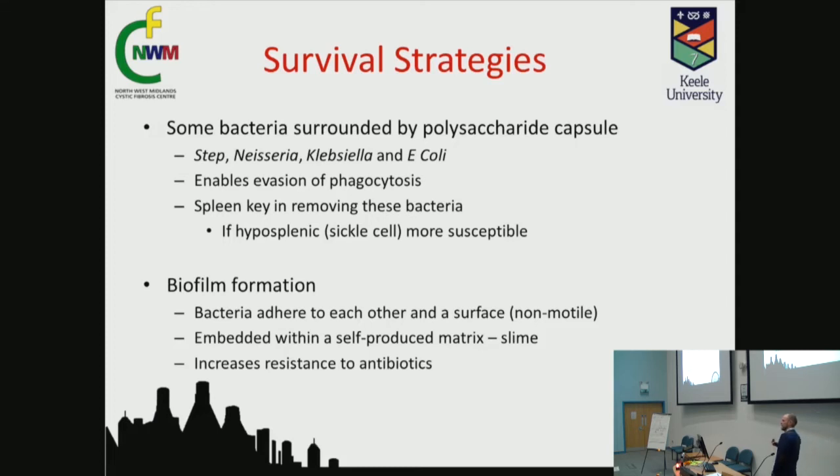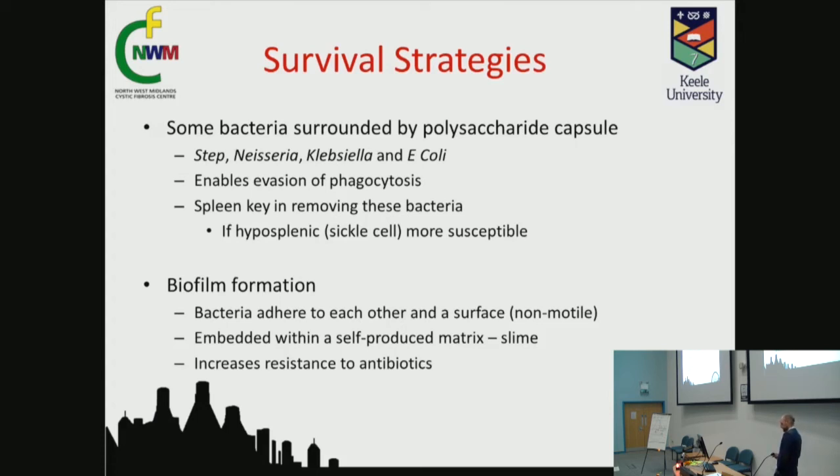Encapsulated bacteria are able to evade phagocytosis by standard cells, and actually we rely on the spleen to remove the majority of those bacteria. Because of that, if your spleen doesn't function properly, i.e. in sickle cell, you're much more susceptible to infection by those organisms.